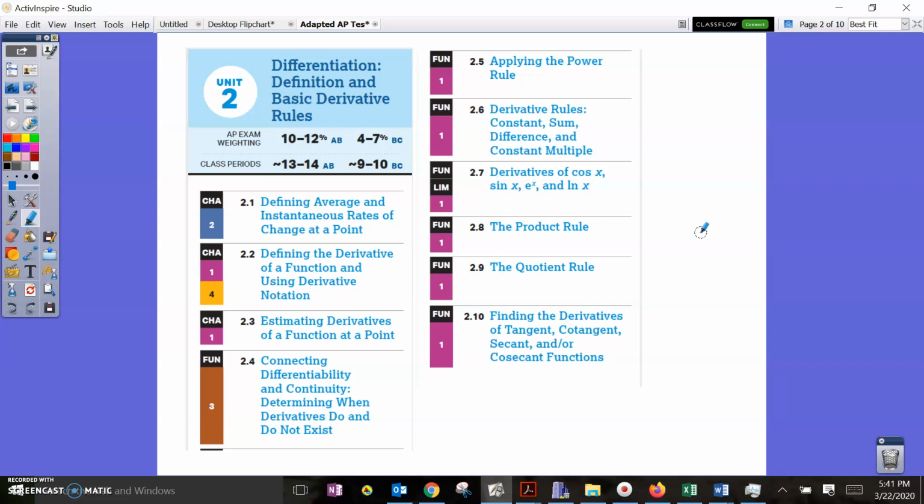You know, the power rule and all the trig functions and exponentials and logarithms and the constant sum difference, constant multiple rules, product rule, quotient rule, that all falls into this unit, and that is all stuff that they will possibly ask you about on the modified exam this year.